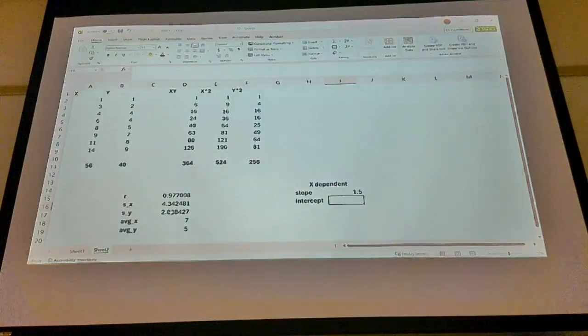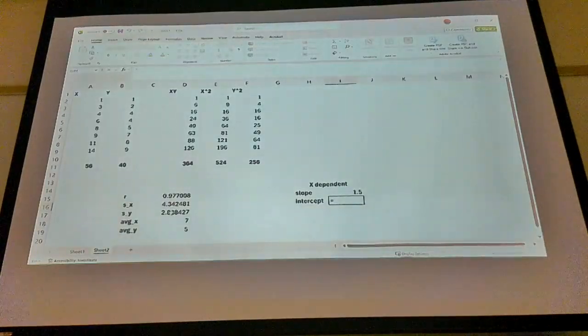And how do you find the intercept? Which is B0. B0 is bar Y minus slope times bar X, however, that is if Y was dependent.